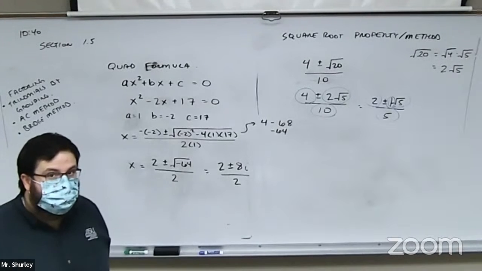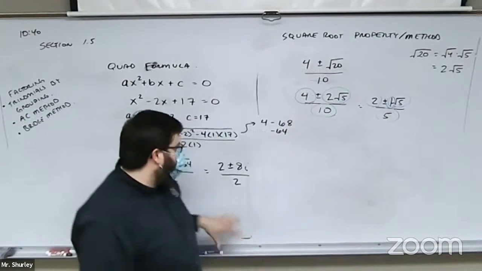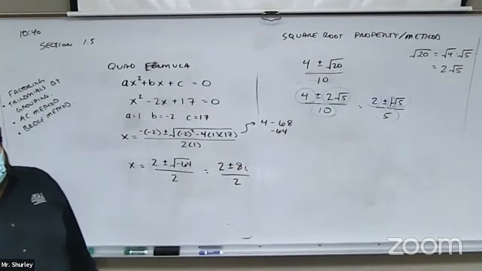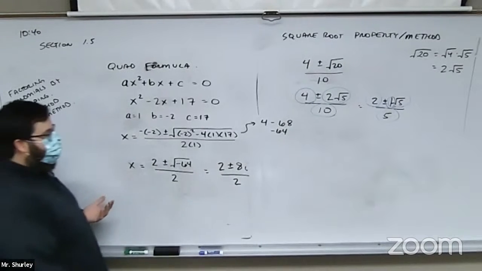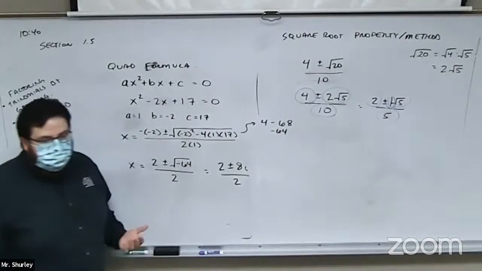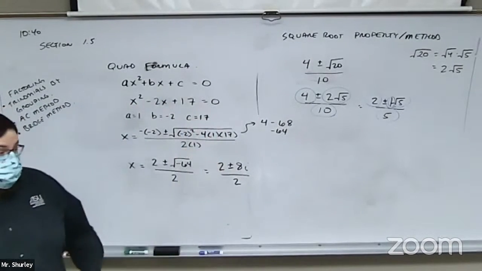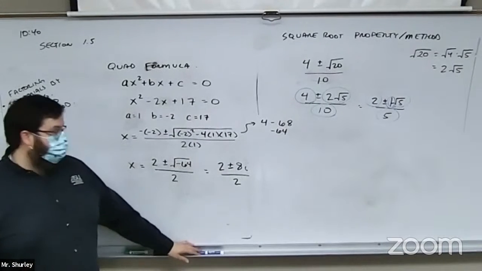Questions so far? Notice how, like I did with these examples over here, it pops out into this form. And then we have to simplify, and this is where students typically struggle. Look, I can't add the 2 and the 8i. That's a real number and an imaginary number that you can't add or subtract. You can multiply or divide them, but you cannot add or subtract them.